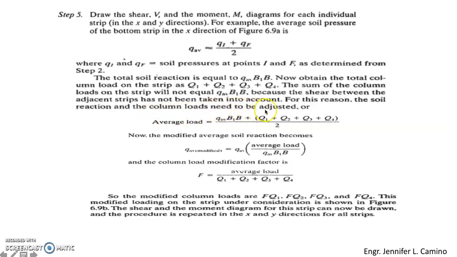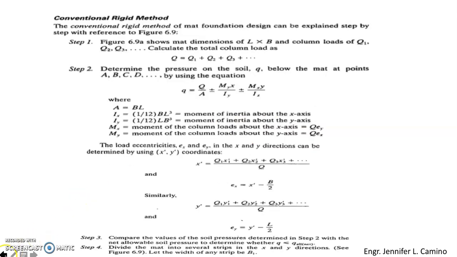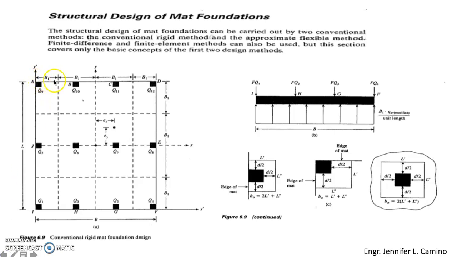So the column loads need to be adjusted. We compute the average load, which is Q average times B1 times B. Of course, B1 is the distance from one column to another column, and B is the width of the foundation.